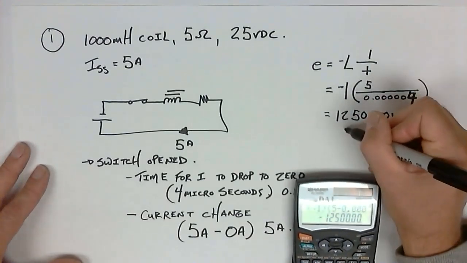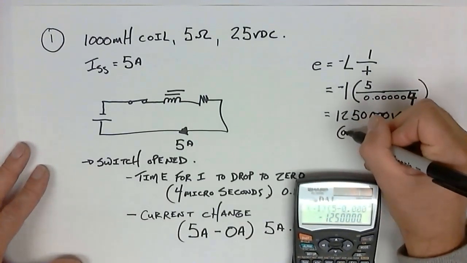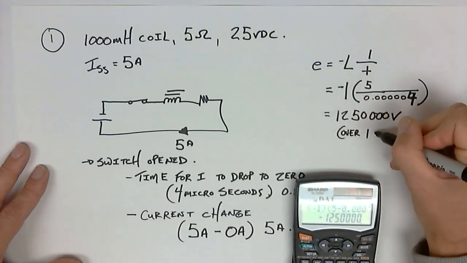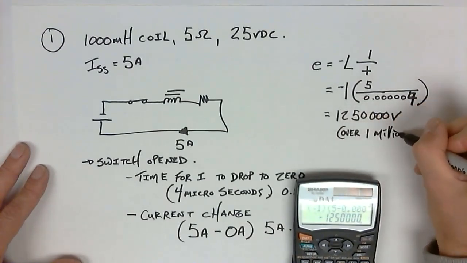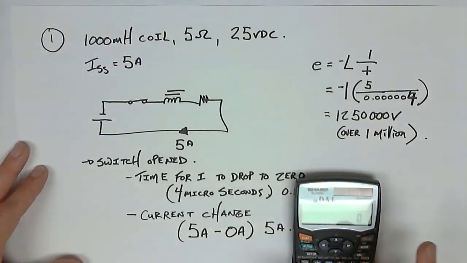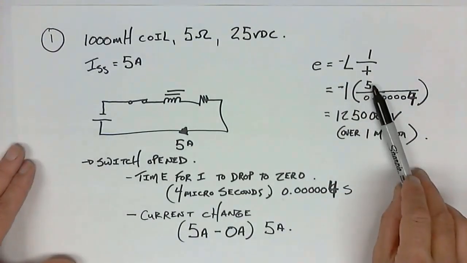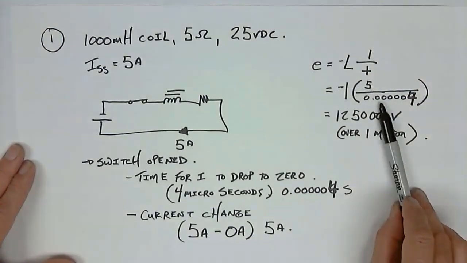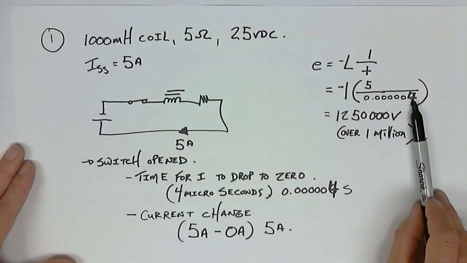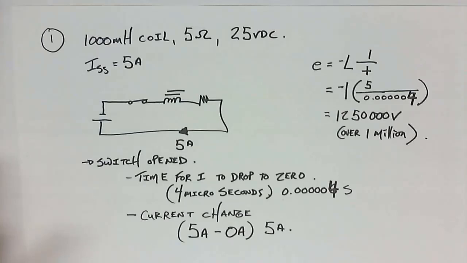So over a million volts. Crazy voltage. That's a lot of volts. So all we've done is take the change of current and divide it by how much time it took to change that current.